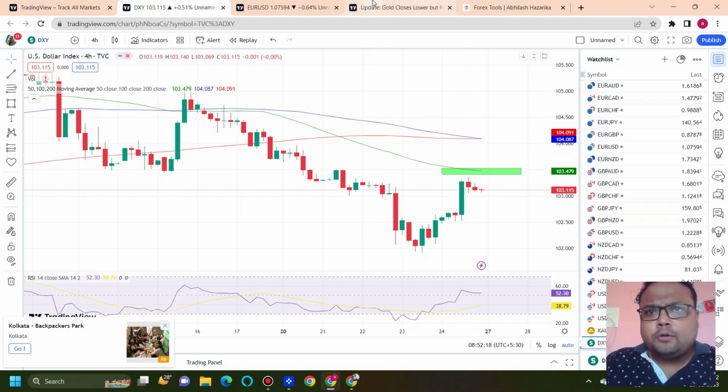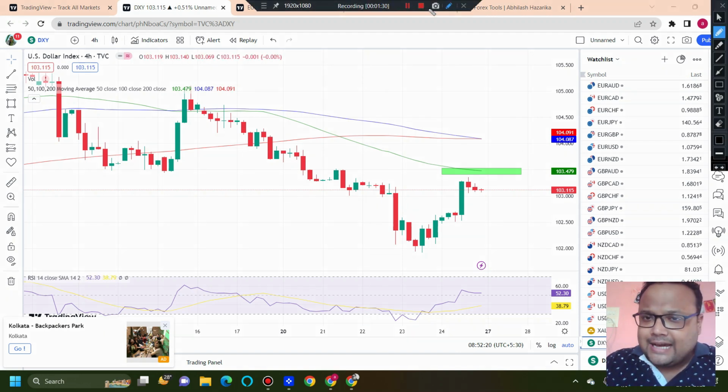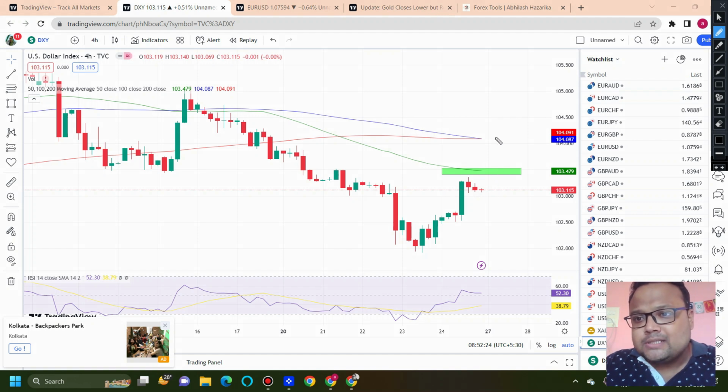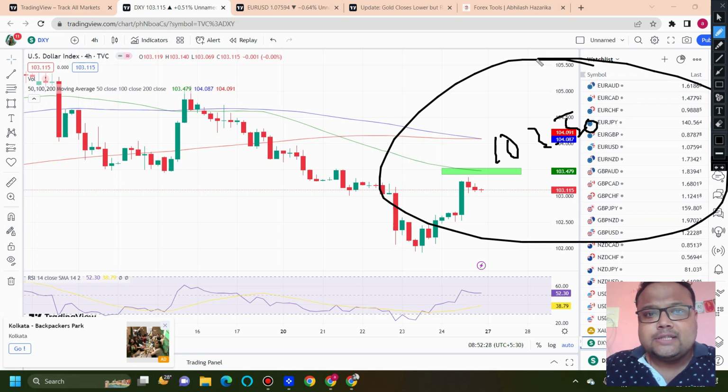So after the market opening, there is a high chance that DXY will be trying its best to head towards 103.50, which is also the next resistance because of the dynamic resistance in the form of the 50 moving average. So DXY's first resistance is this. If DXY wants to continue the uptrend, continue the recovery, then it needs to break the 103.50 level.